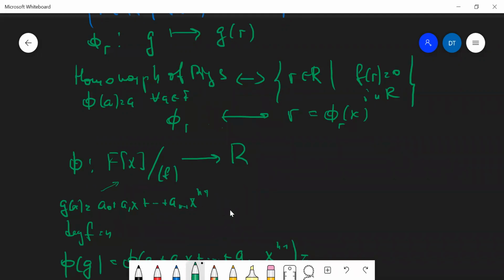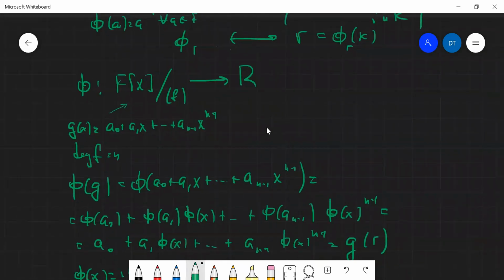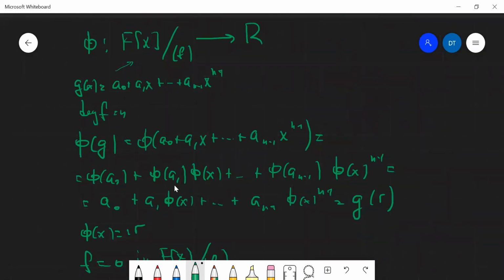So this gives you a map from the left-hand side to the right-hand side. In order to show that every root gives you a homomorphism, that this map is surjective, well, you just show that the formula phi of g equals g of r is a well-defined homomorphism. So it preserves addition and multiplication, and these are just simple computations, and I don't want to waste time doing that.